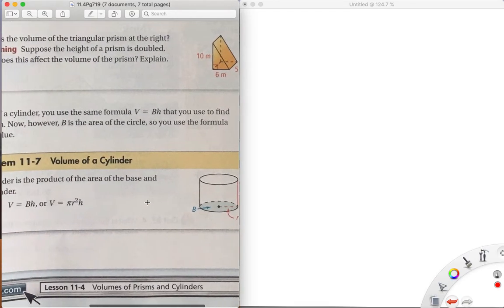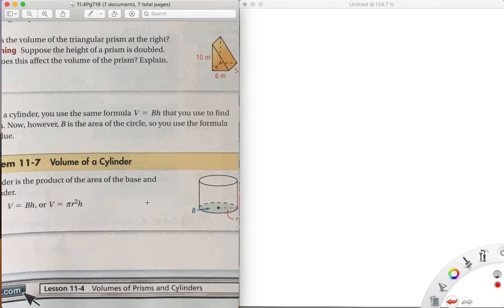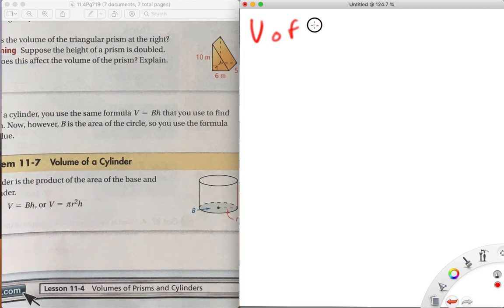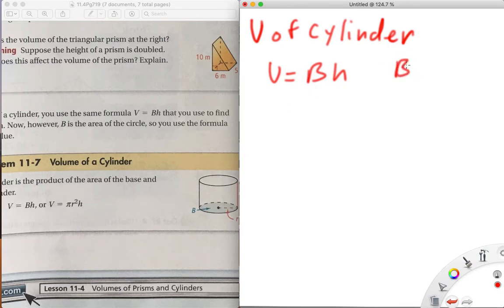And then we have a cylinder, and volume of cylinders. The volume of a cylinder is also area of the base times the height. But since we're talking about cylinders, the base is a circle.